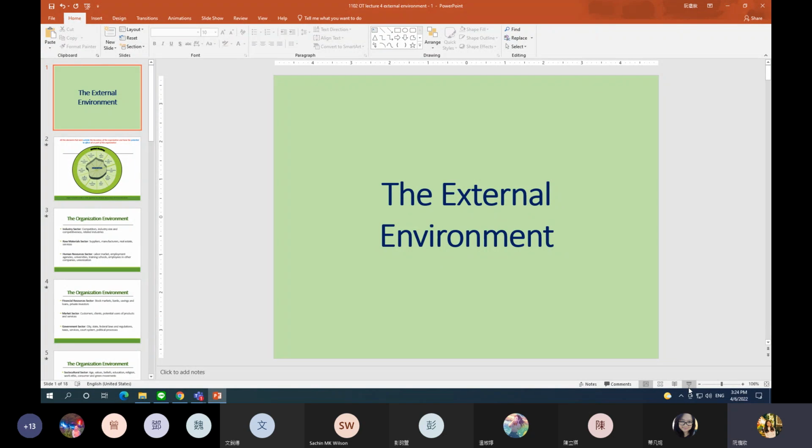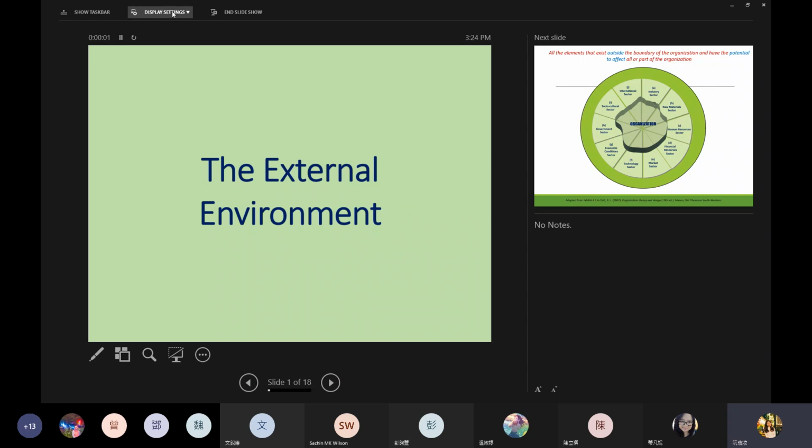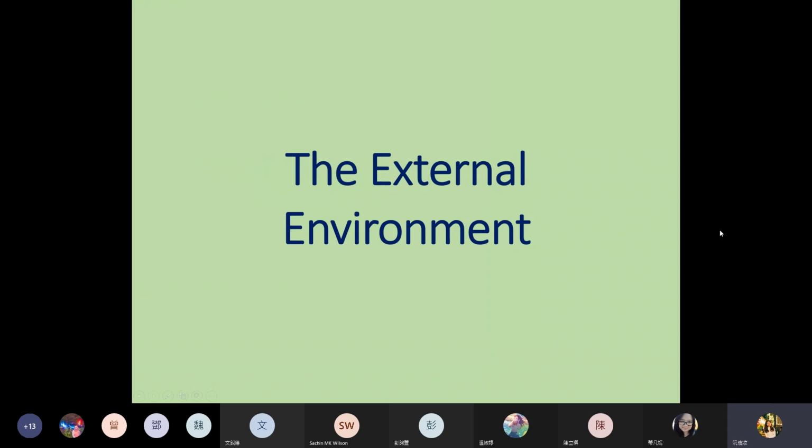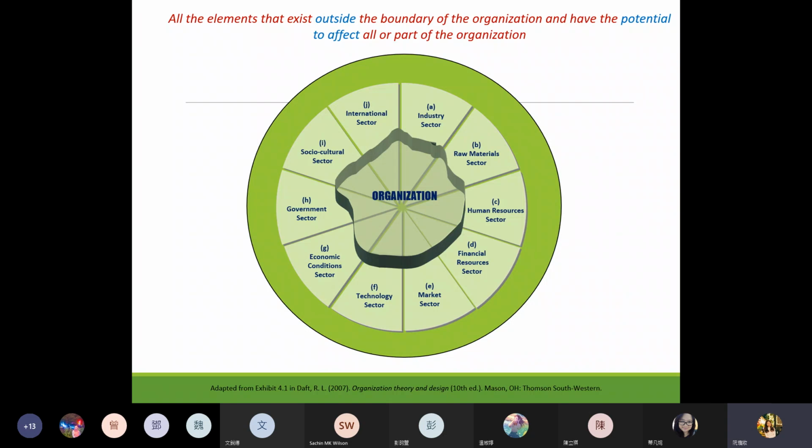And so in here, I'm going to ask more questions to analyze the external environment. This one is quite simple. So you can look at this figure. These are different sectors that may influence an organization.